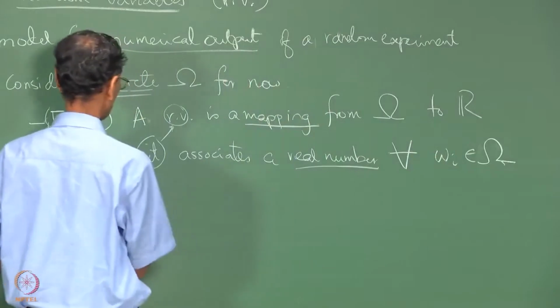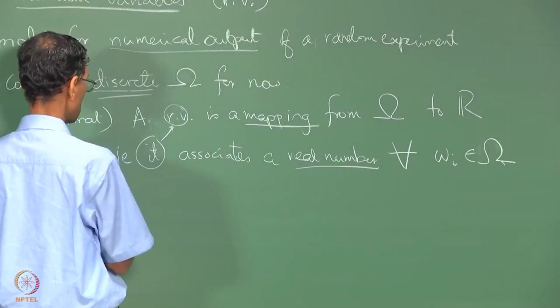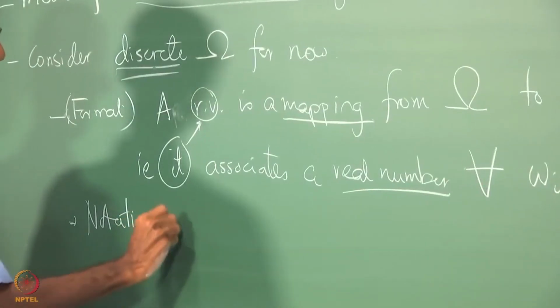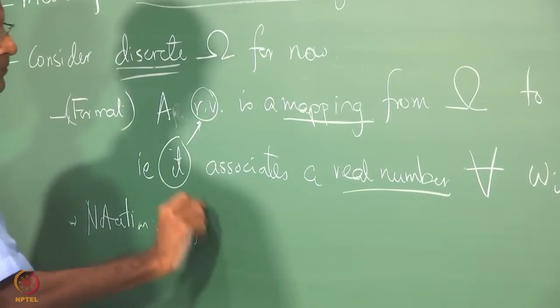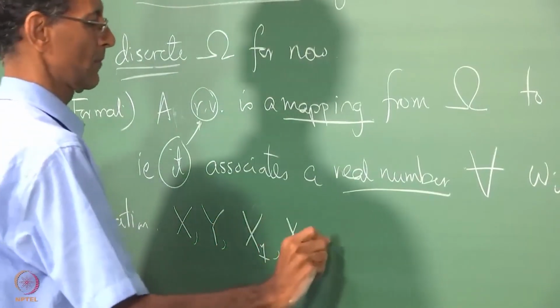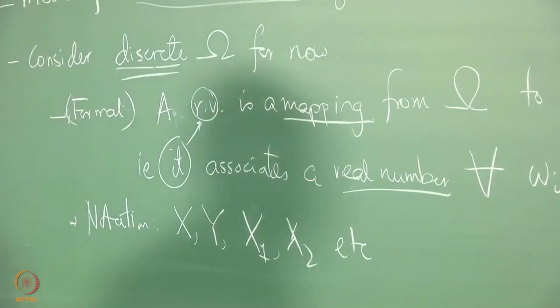So mathematically, notation for random variables, let me say that also up front, we use capital uppercase letters. And of course we will need subscripts, like 1 or 2, if you have many of them. Remember, you can define more than one random variable on an experiment, that should be quite obvious.